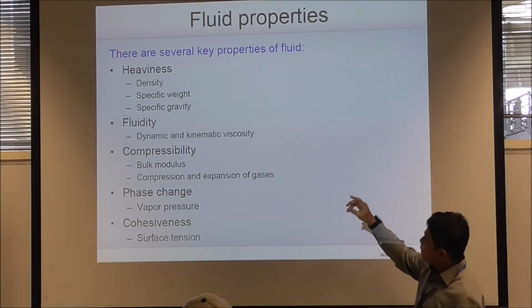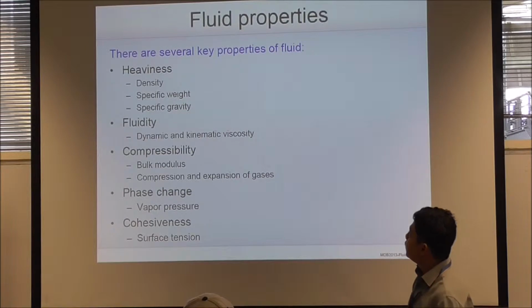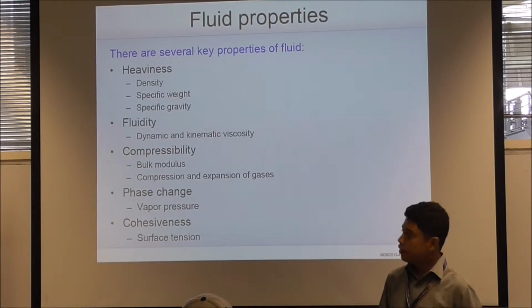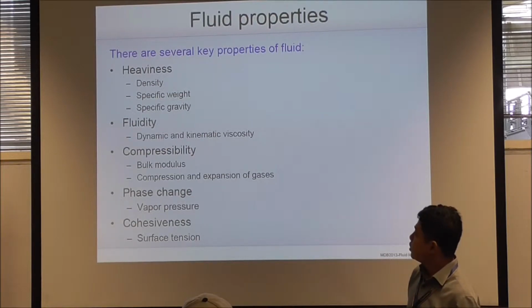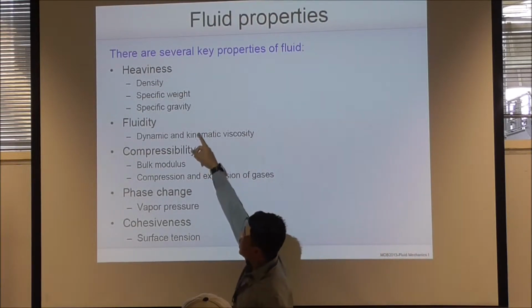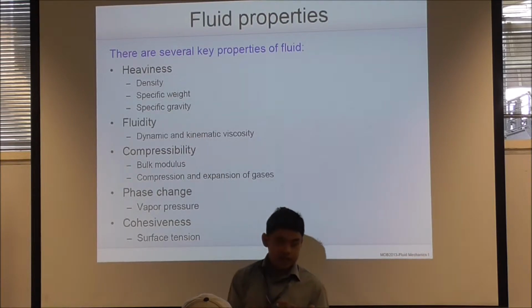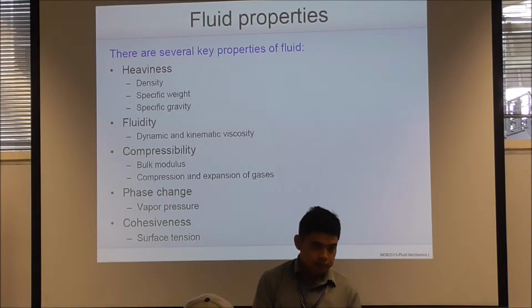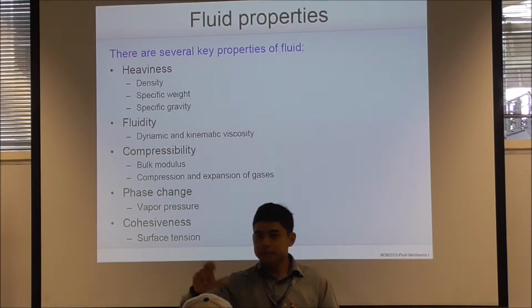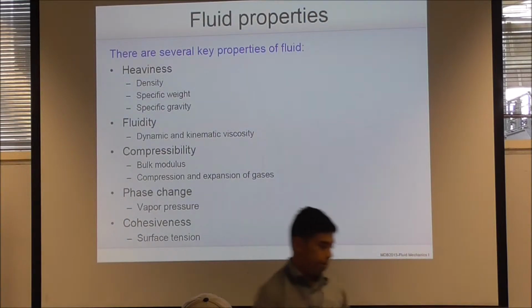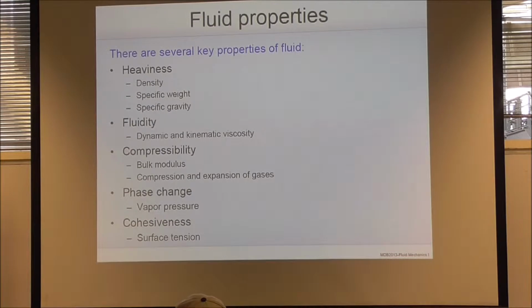So if you are talking about fluid properties, there are these different characteristics, but I already combined them. It becomes heaviness. In heaviness, it may be represented as a density. The reciprocal of density is, you have rho.